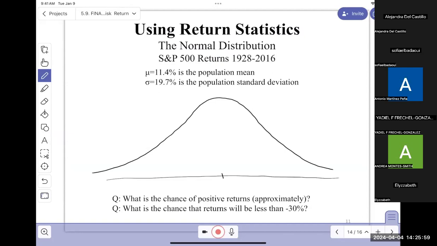So in the middle, I'm going to mark 11.4% as my mean, and I'm going to add and subtract. 11.4 plus 19.7, and what do you get?